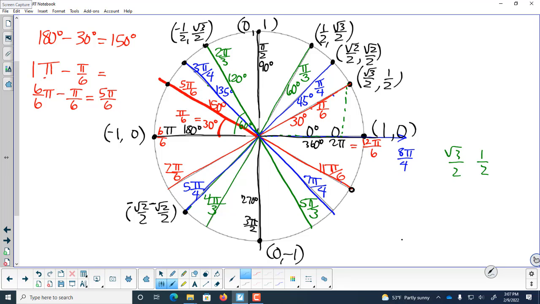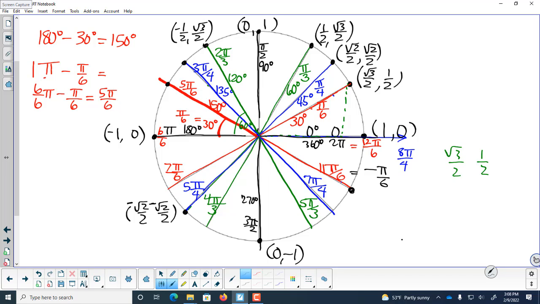So negative pi over 6 would be coterminal with 11 pi over 6. Right? So if you're comfortable doing the negative, it's totally fine. As long as you can find the point on the unit circle that goes through the terminal side, happy. People will do it differently than other people. Okay, there's lots of ways.